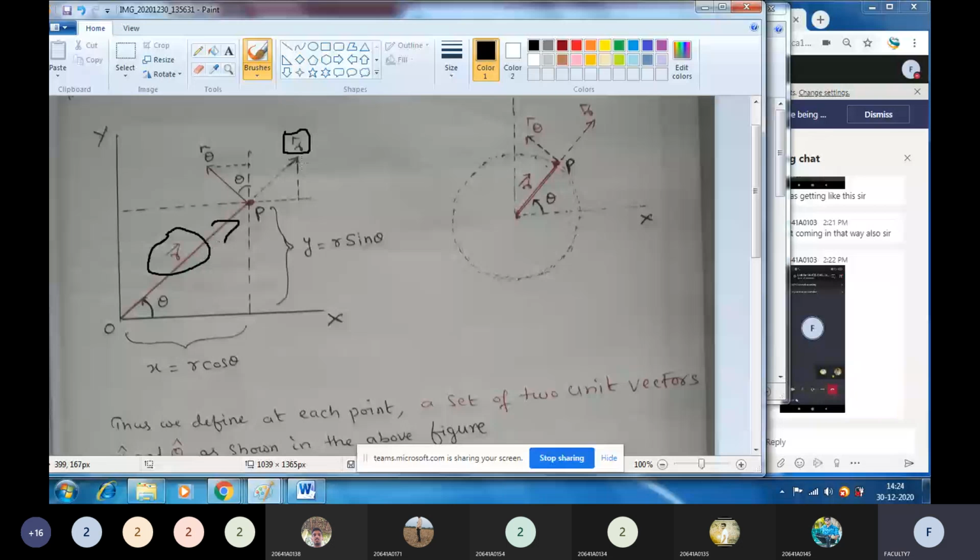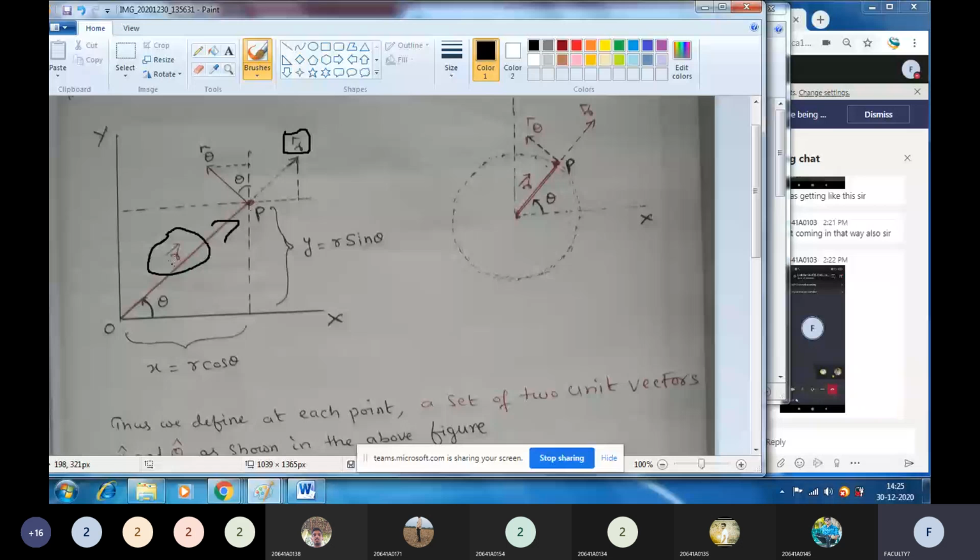Now similarly we are going to have the next explanation. If you are increasing this particular angle, if r remains constant, if you fix this particular point and increase the value of theta, then what happens?